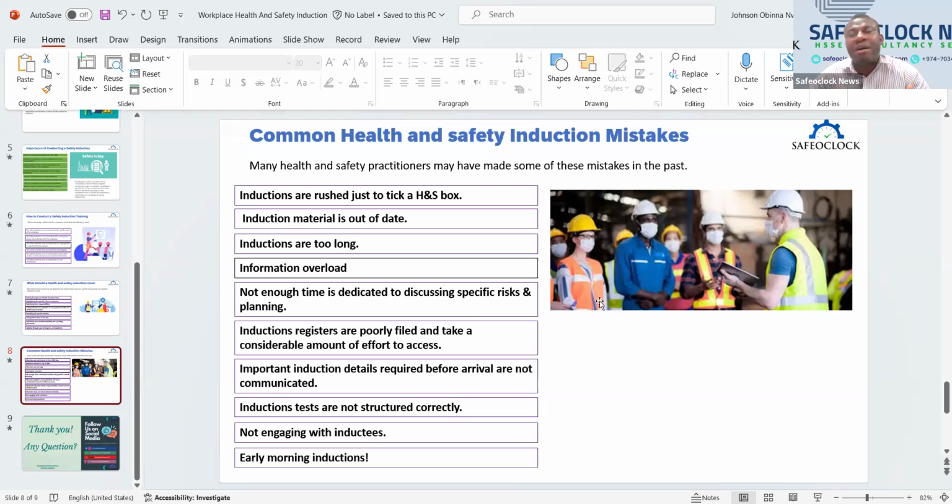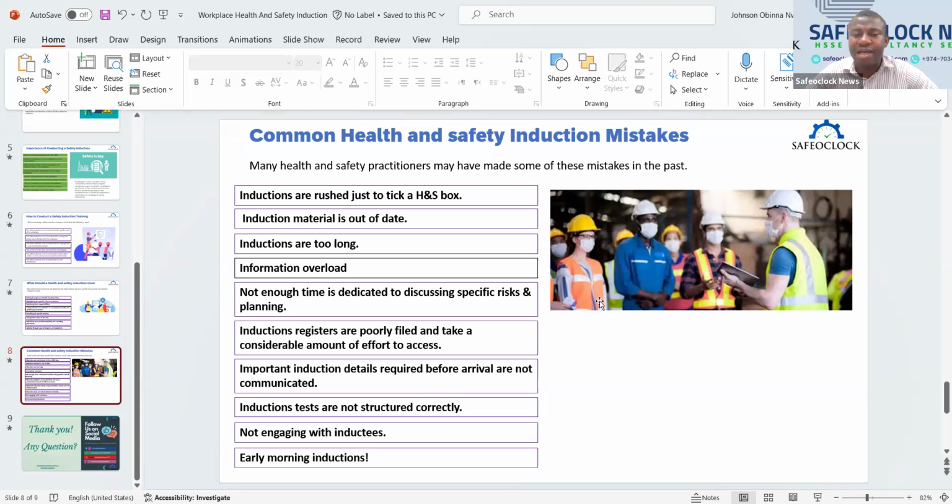For example, if I'm office staff or electrical staff and you are taking time discussing hazards associated with mechanical, I may feel bored because I may feel that it doesn't concern me. So having these inductions separately could be a better way to handle that.